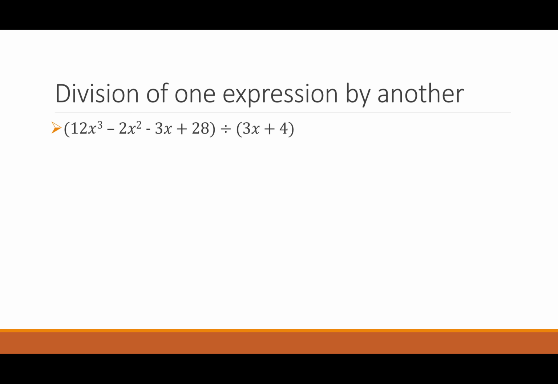In order to do this, we take the divisor, 3x plus 4, and put it up here. I'm going to put the numerator term in here: 12x cubed minus 2x squared minus 3x plus 28.